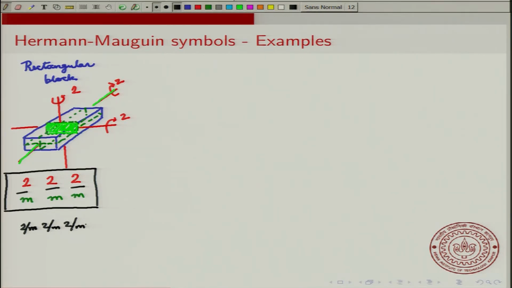Let us take something that is again rectangular, but one of the sides is a square.